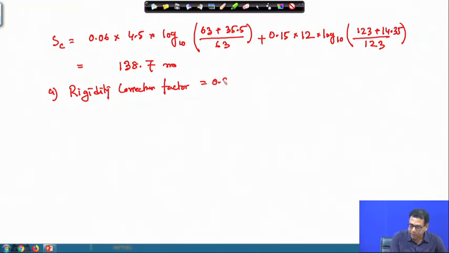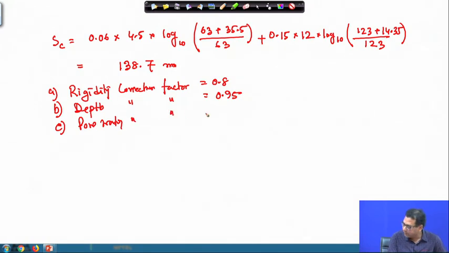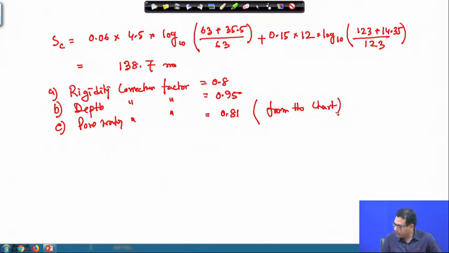Okay. Now, the corrections, again the rigidity correction factor is 0.8, then B is the depth correction factor which is 0.95, and then is the pore water correction factor, which we are getting 0.81. How we are getting? That is also from the chart. Okay?